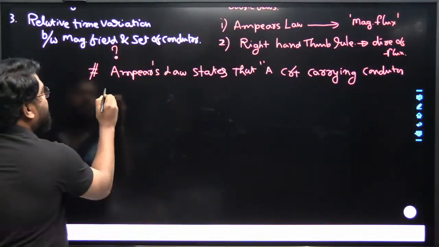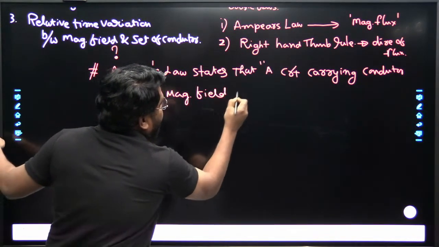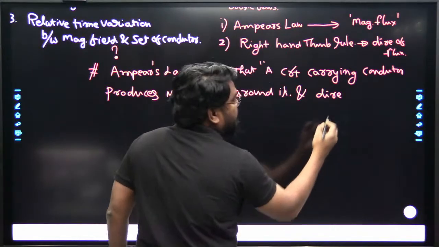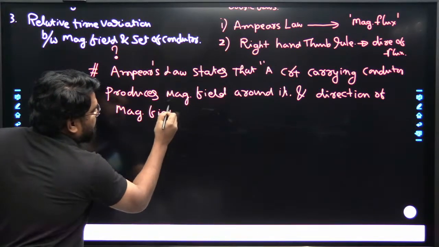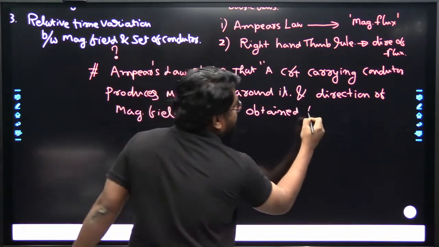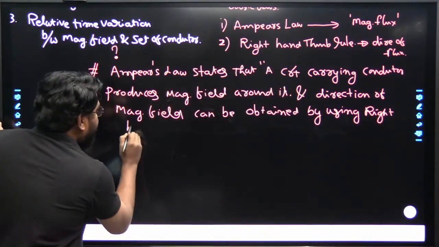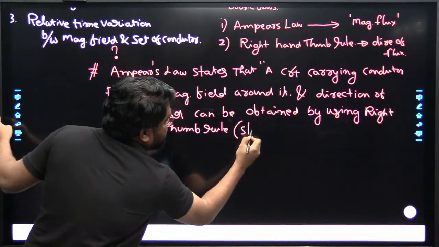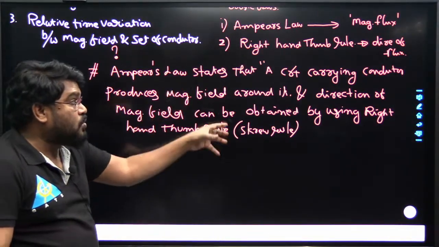The right hand thumb rule is also called the screw rule or grip rule; all are the same.